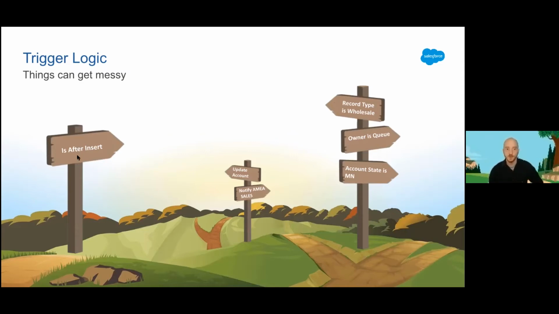So if we inserted and the record type is wholesale, then we need to update the parent account, or we need to send a notification to somebody. But managing all of this inside the body of one trigger can get really complex, especially in a mature or advanced Sales or Service Cloud implementation where your opportunity trigger or your case trigger is responsible for a whole lot of logic.